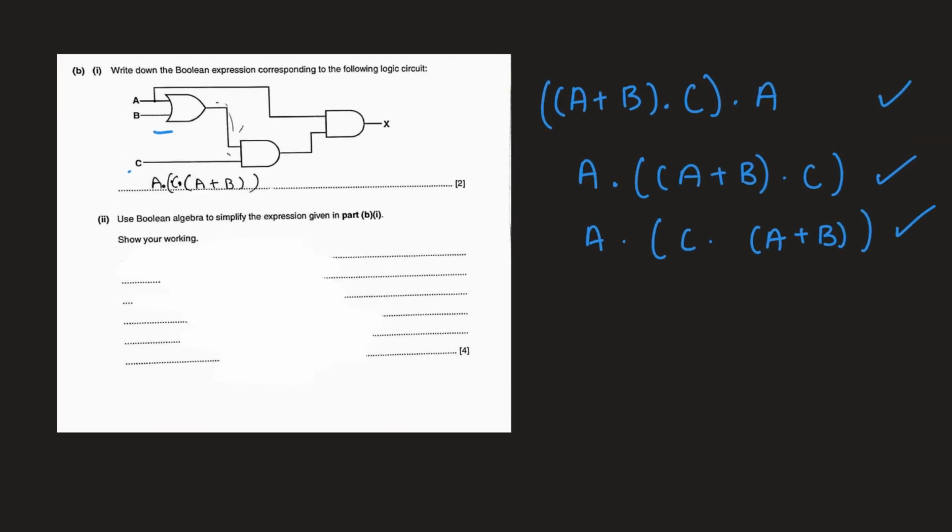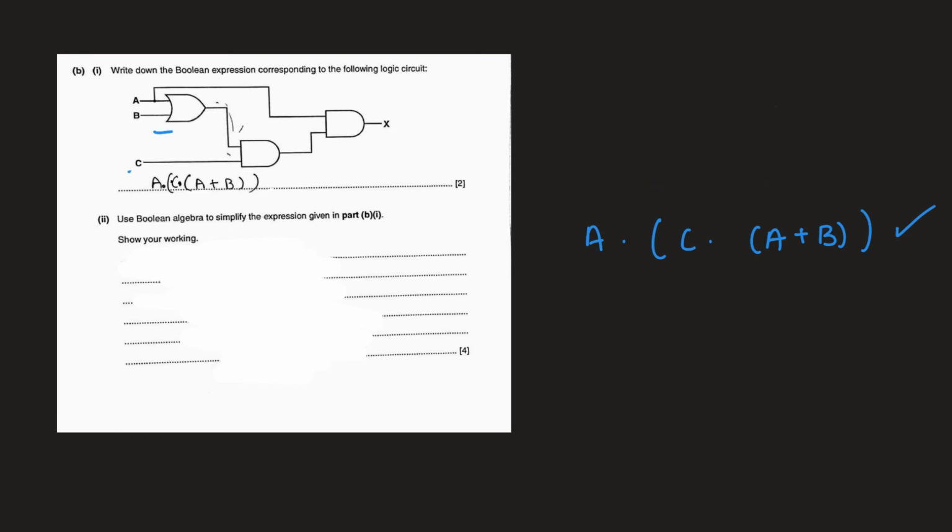I'm going to erase the other ones for now. We have A dot, oh, I'm not going to open the big brackets as of yet. So put it as C dot A plus C dot B. Okay, and then open the brackets a little more.